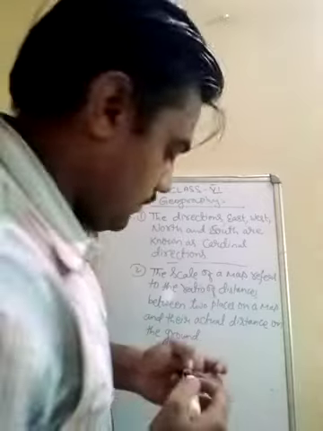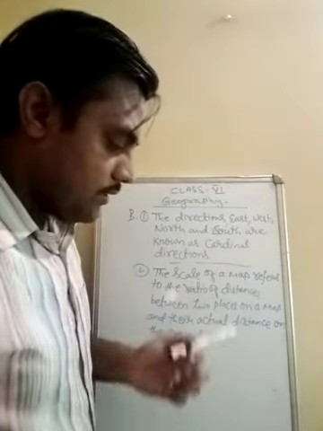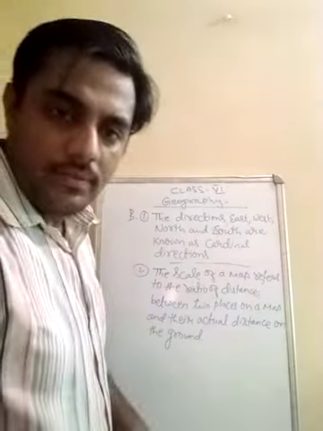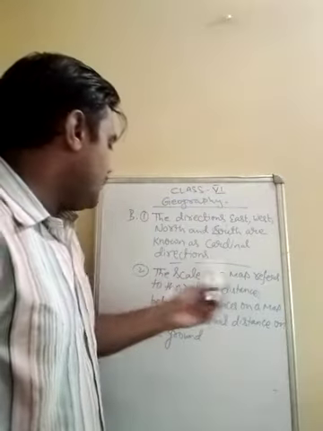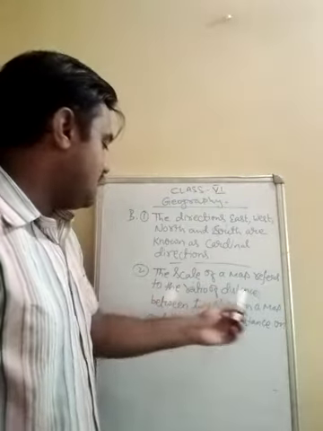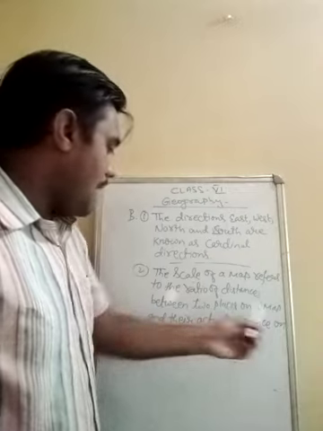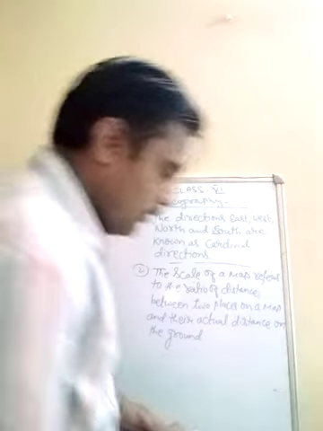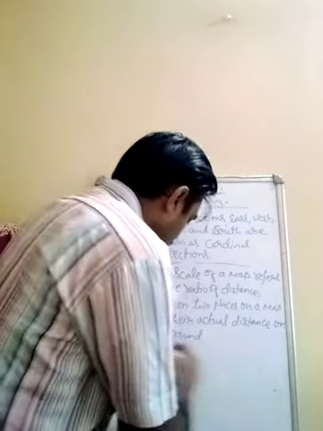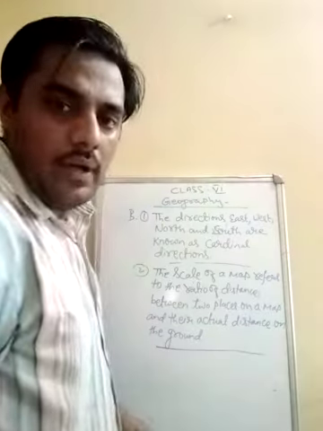So once again, let me read the answer to you. What is meant by scale of a map? The scale of a map refers to the ratio of distance between two places on a map and their actual distance on the ground. This is your number 2 answer.